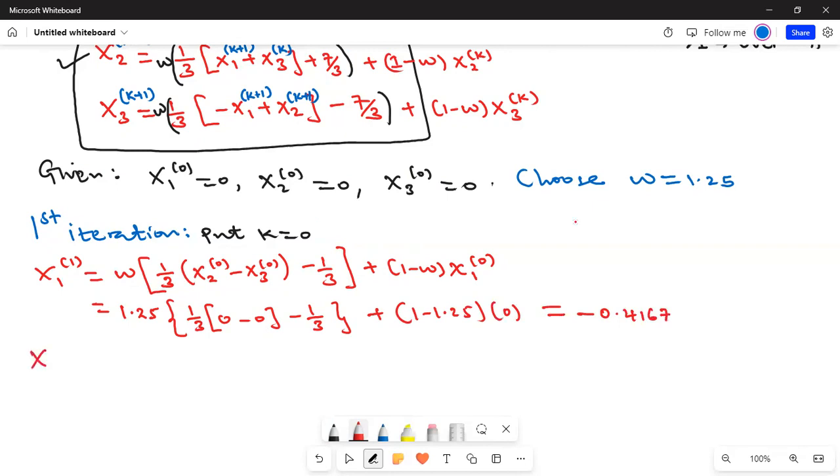Second equation, x2 at level 1 is equal to omega times 1 over 3 into x1 at level 1 plus x3 at level 0 plus 7 over 3.